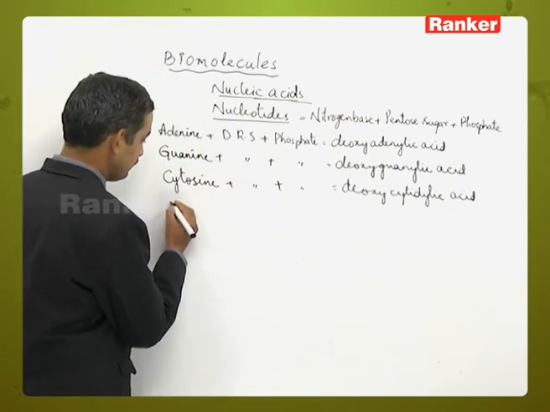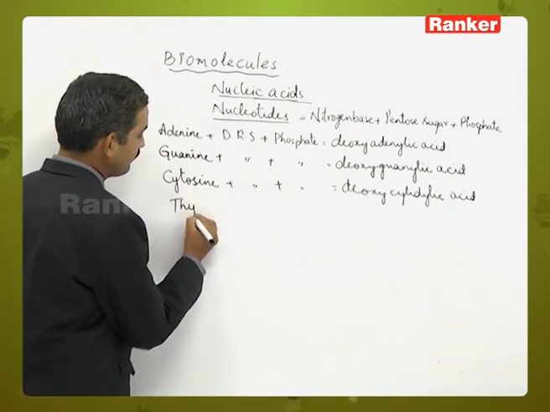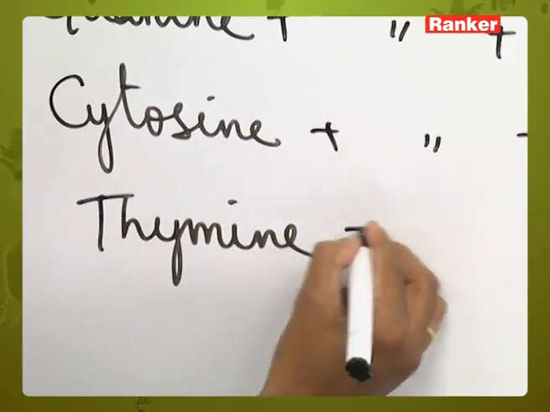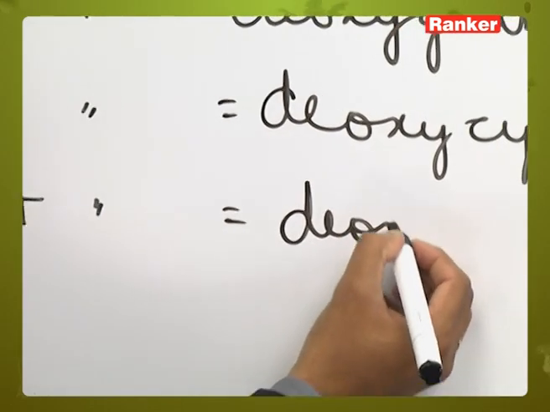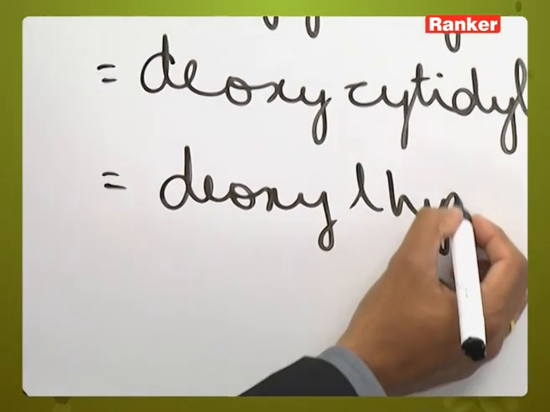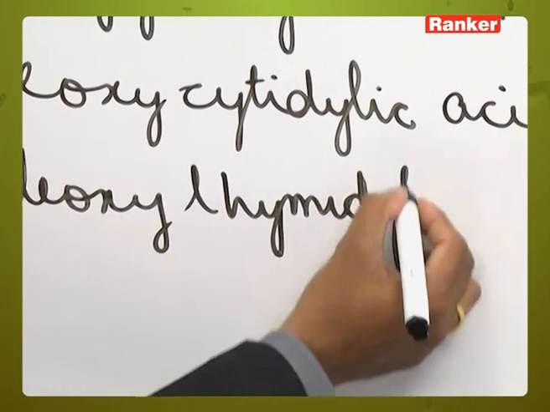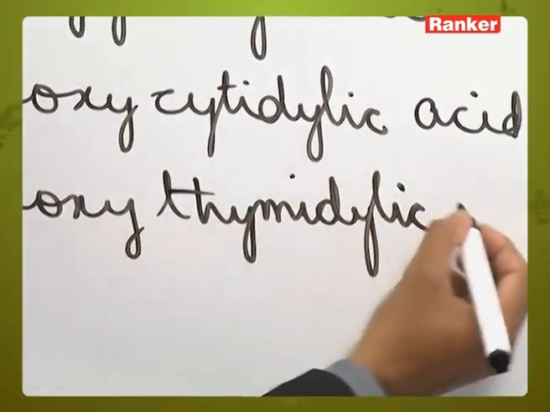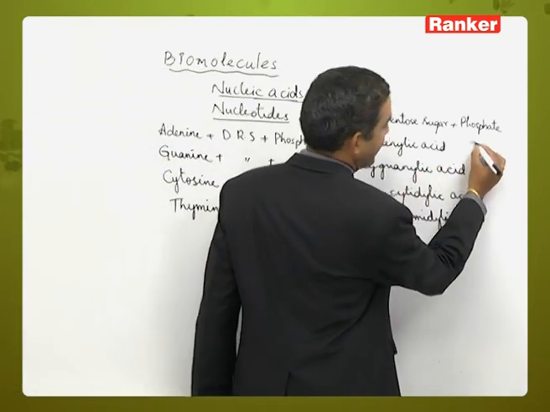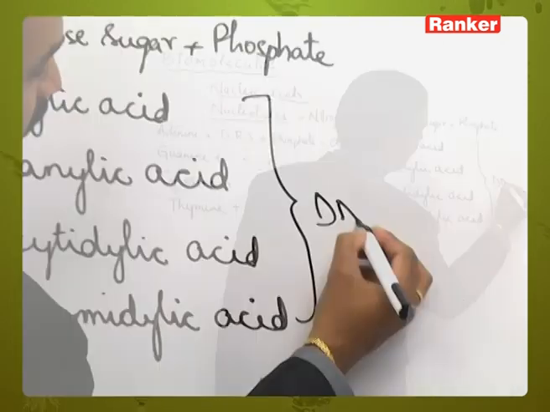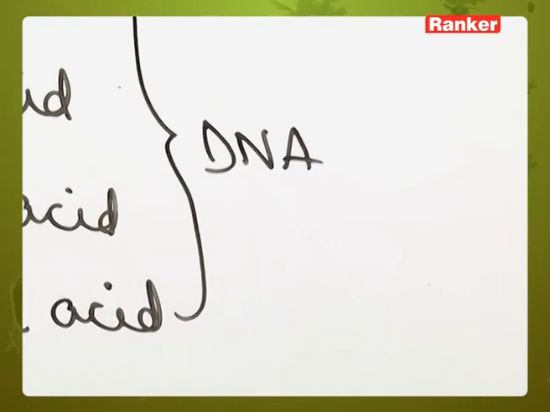Then thymine plus deoxyribose sugar plus phosphate, deoxythymidylic acid. These are the 4 types of nucleotides which are present in DNA molecule.